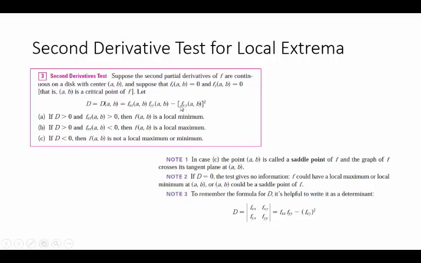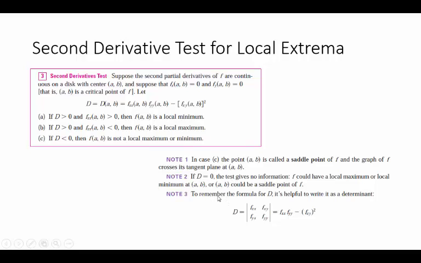We're going to look at the sign of this, whether it's positive or negative. A couple of notes. In case C, when the discriminant is less than 0 and it's not a local max or minimum, this is called a saddle point. Also, if D is equal to 0, kind of like the second derivative test from Calculus 1, then that gives us no information.